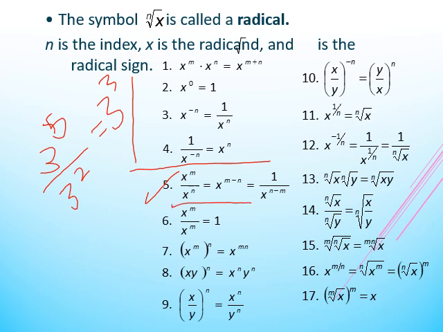Number 6, if we have the same value in the numerator and denominator, it is of course equal to 1.